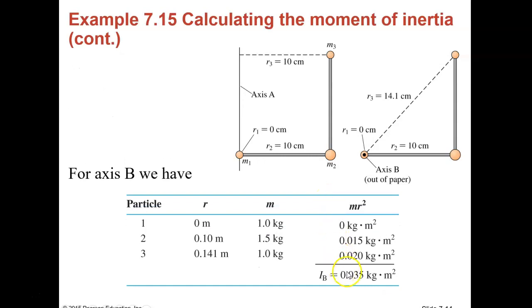For B, you add them up, it's 0.035 kilograms times meter squared. So if you look, B has a greater moment of inertia because point 3 is farther away from the axis point.